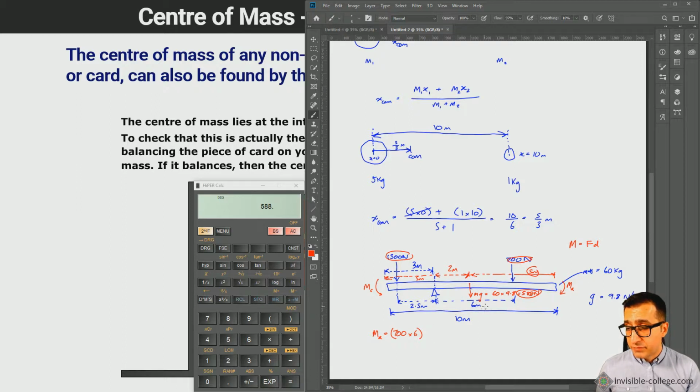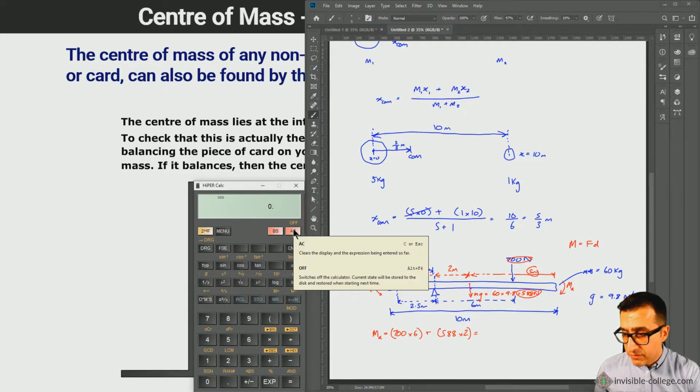So we add this to 588 newtons times the distance of this force, mg, the weight of the seesaw itself, from the pivot point, 2 meters. So this is going to be the total anti-clockwise moment. So let's work this out here.